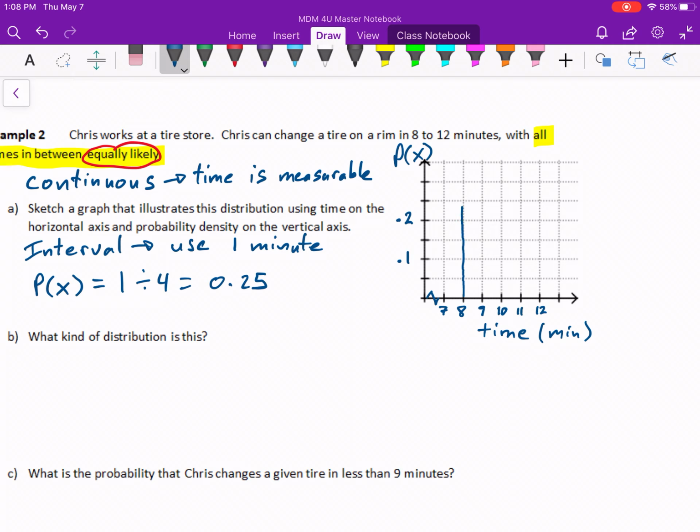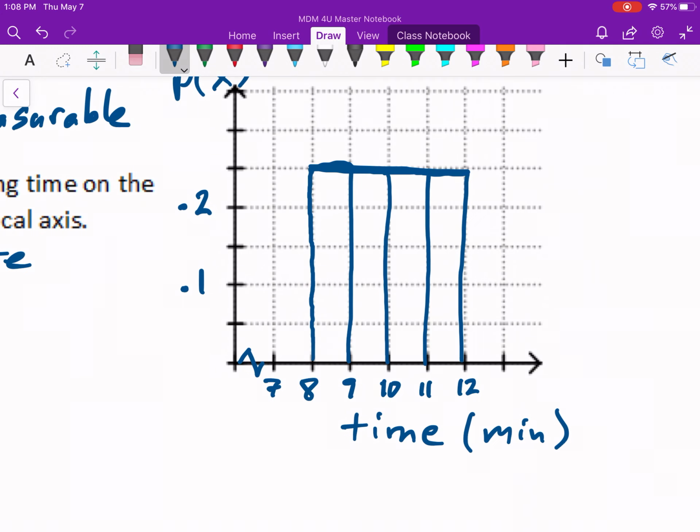But there's a 25% probability that he is going to change a tire between 8 and 9 minutes, a 25% probability between 9 and 10 minutes, and a 25% probability between 10 and 11. So this should be perfectly flat across the top, if I could draw it that nicely, because they're all supposed to be exactly 25%. This is our probability distribution.